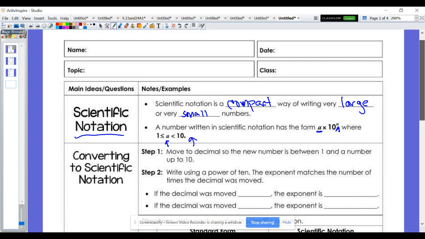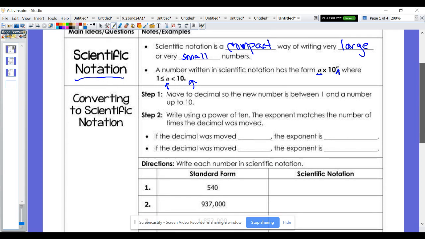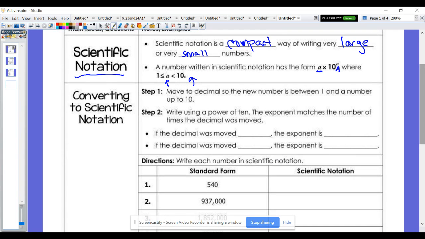So what that means is, let's scroll down here and look at what it means to convert a number to scientific notation. If I'm starting with a number in standard form, a standard form number is just a number like you're used to seeing. Like number 1 down here has the number 540.